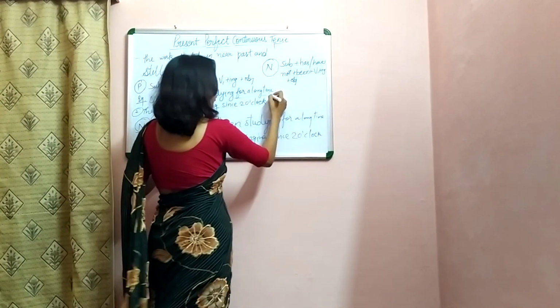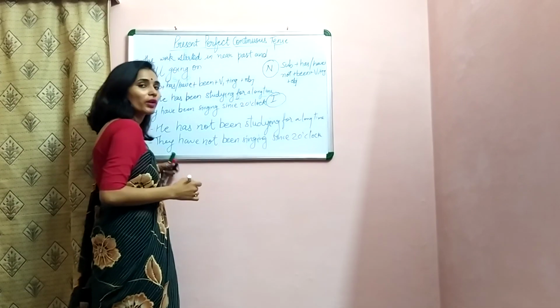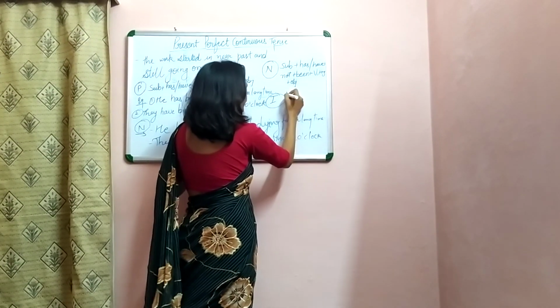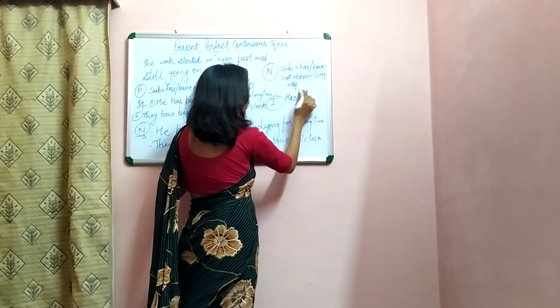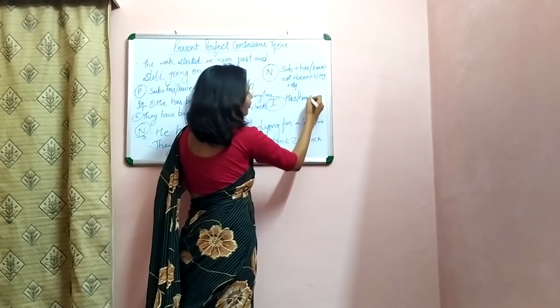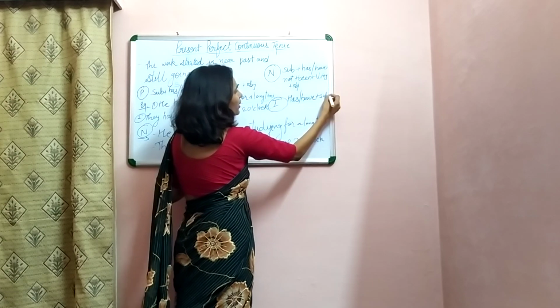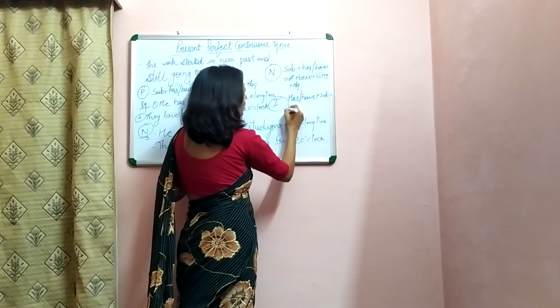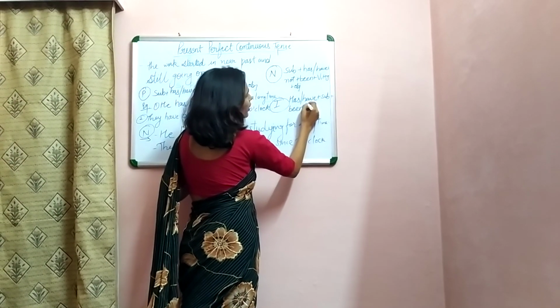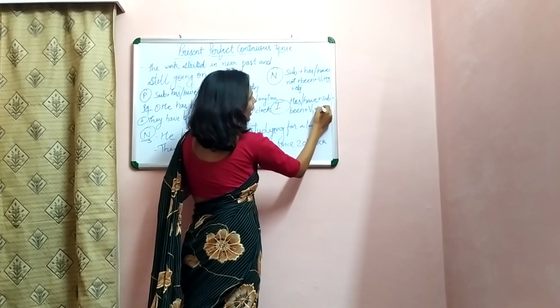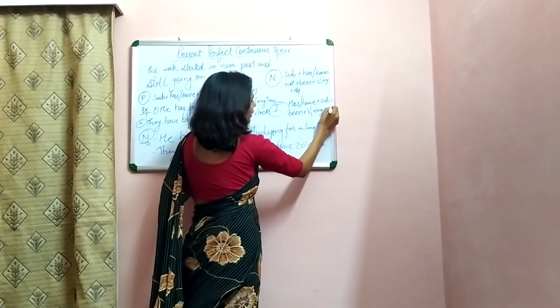Let's do the interrogative. Interrogative means how you have to frame the question. To frame the question, first you have to bring the helping verb in front of the subject. So it would be has or have plus subject plus been plus first form of the verb plus ing followed by object.